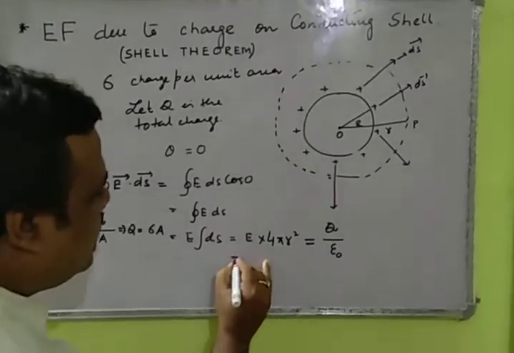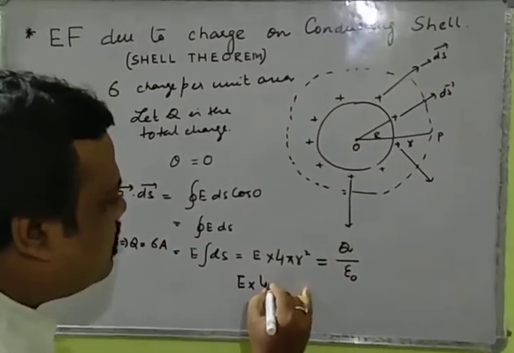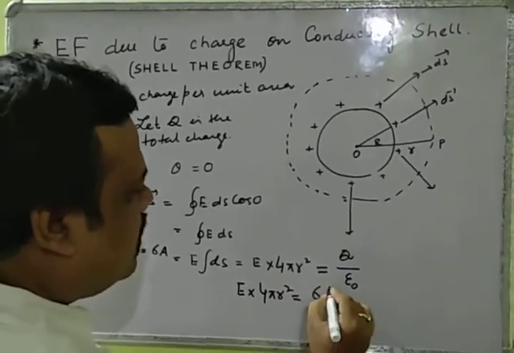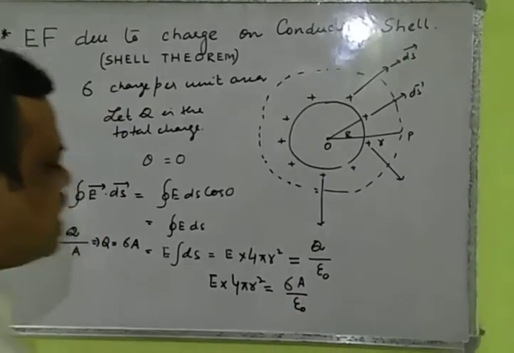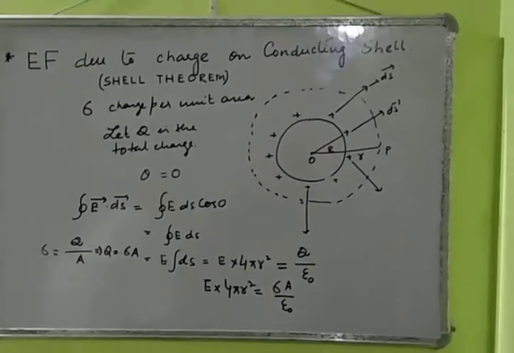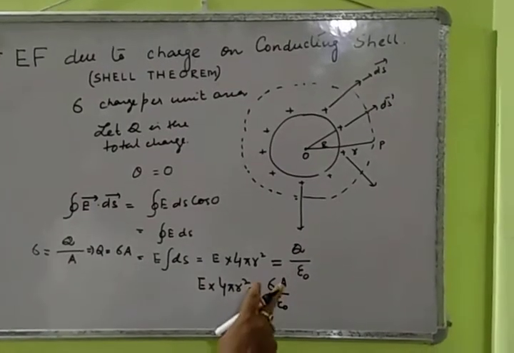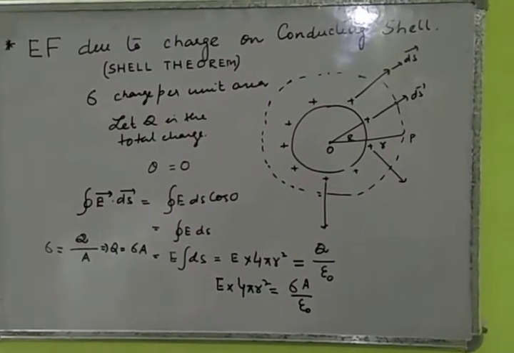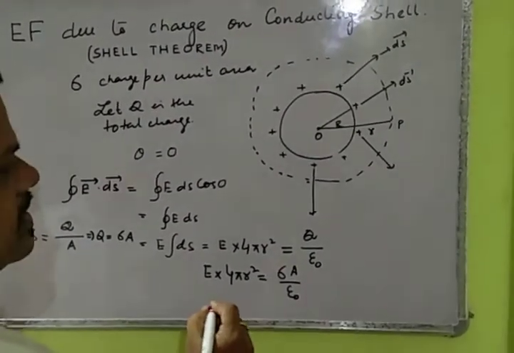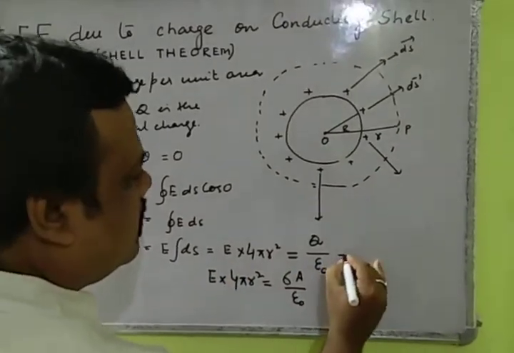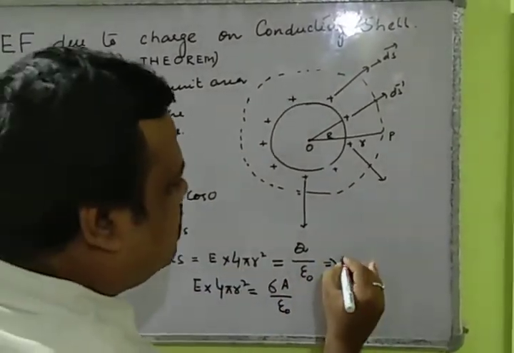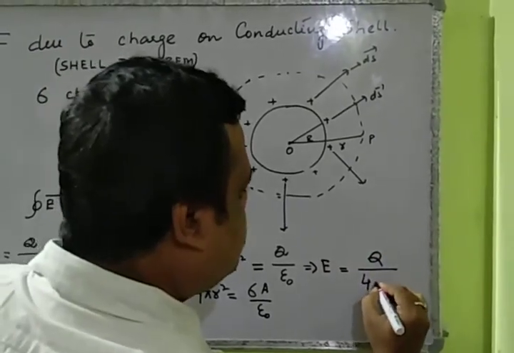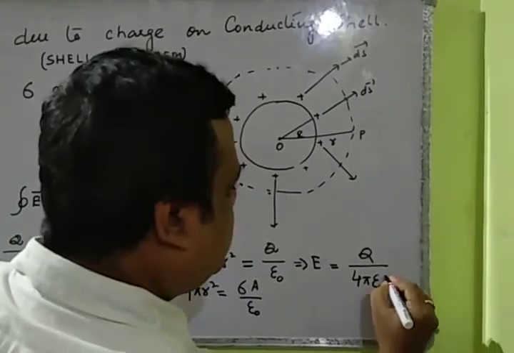Now electric field into 4 pi r square equals sigma into area divided by epsilon naught. From this statement we can calculate that the electric field is equal to Q by 4 pi epsilon naught into r square.